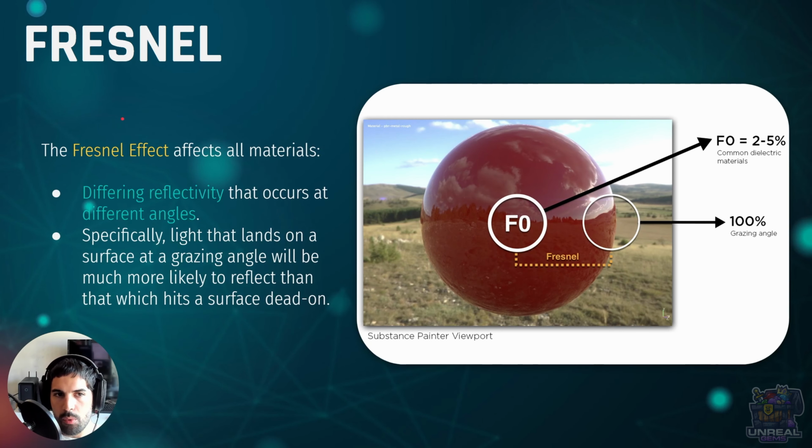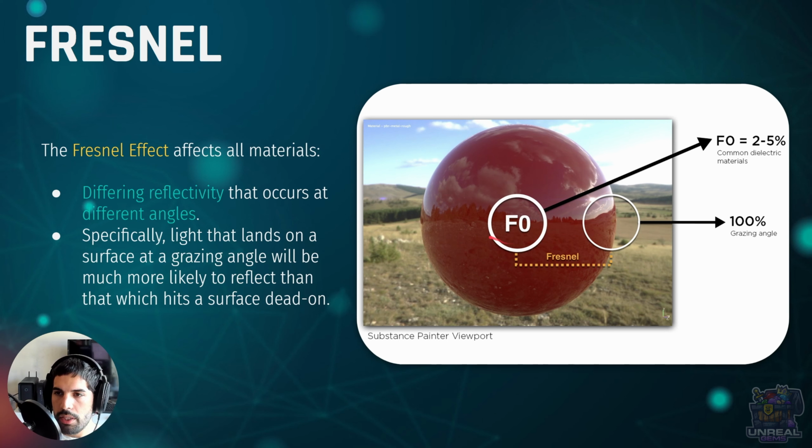Okay, so next up we have the Fresnel effect, which is another physical effect that affects all materials. So the Fresnel effect means that the material will have different reflectivity depending on the angle to the camera.